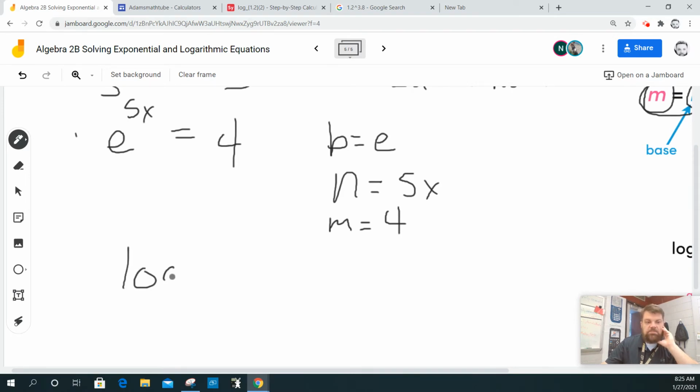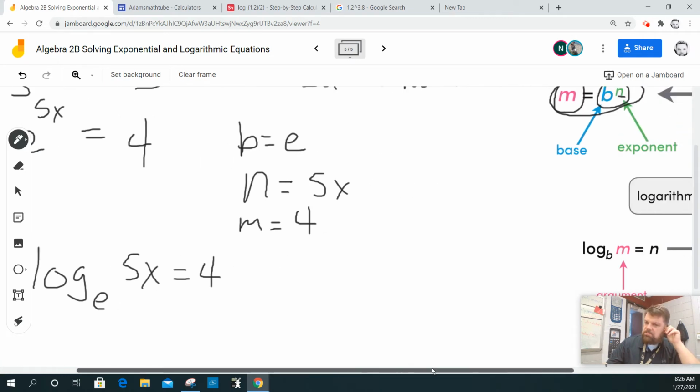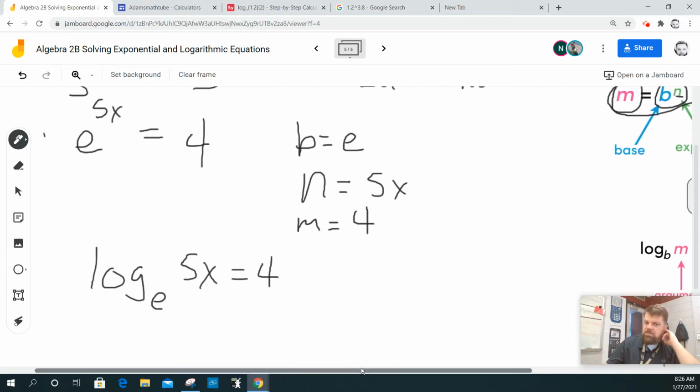log base e of 5x equals 4. Okay. So log base, no, I did that backwards.